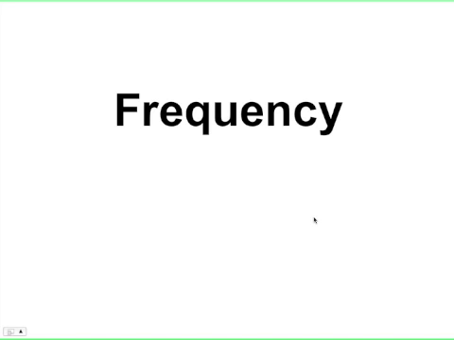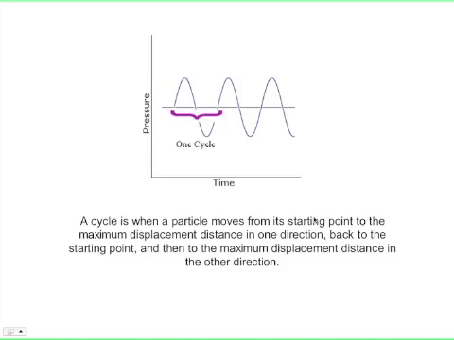Let's talk about frequency now. And here's a diagram to take a look at. As you can see, on the left axis is pressure and then time. You can see that baseline, and then you can see the length of a cycle.